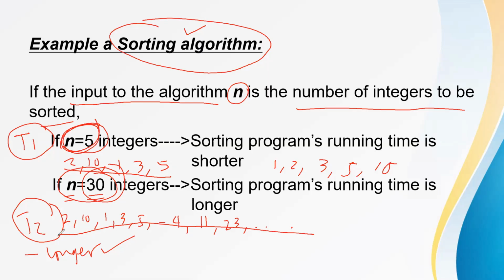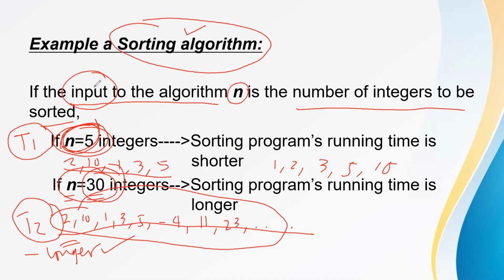It would take a longer time to sort 30 integers than to sort 5 integers. That's a very obvious conclusion. And so we could say that indeed the input size to an algorithm or program will determine how long it takes to run.